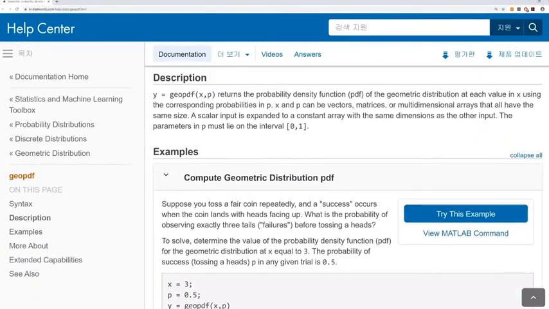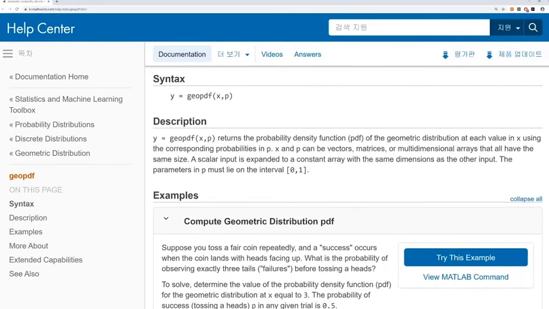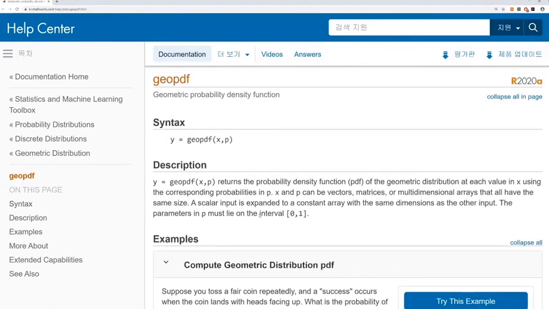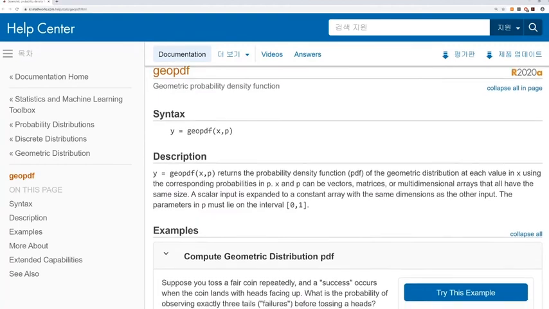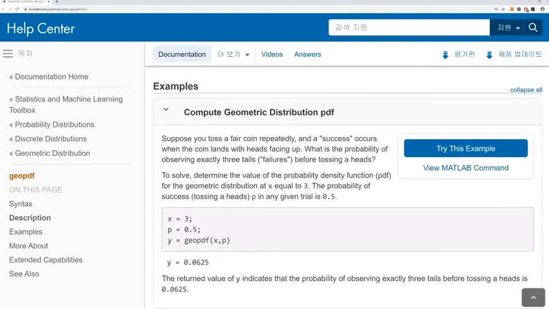So it is found that it returns the probability density function of the geometric distribution at each value in X using the corresponding probabilities in P. So this is the description.